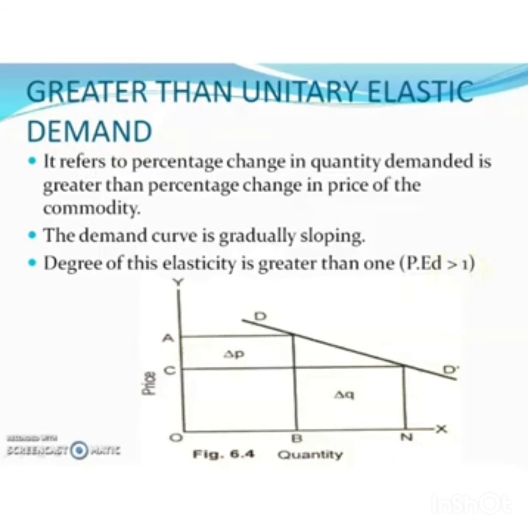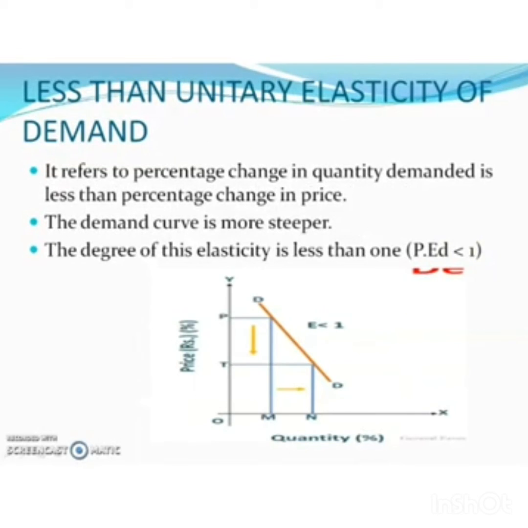The next is less than unitary elasticity of demand. In this case, the percentage change in quantity demanded of a commodity is less than the percentage change in price of the commodity. Here the demand curve is steeper. From the diagram you can see that the price decreased from P to T, and the demand increased from M to N. So the change in price is greater than the change in quantity demanded.